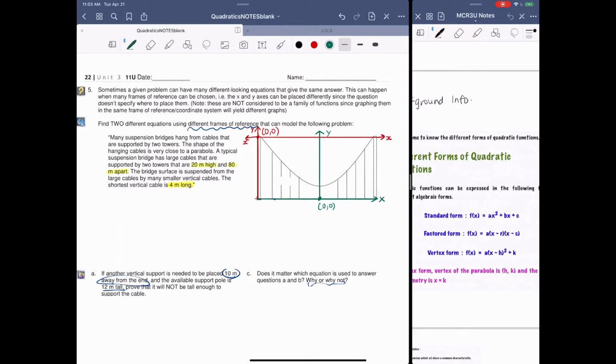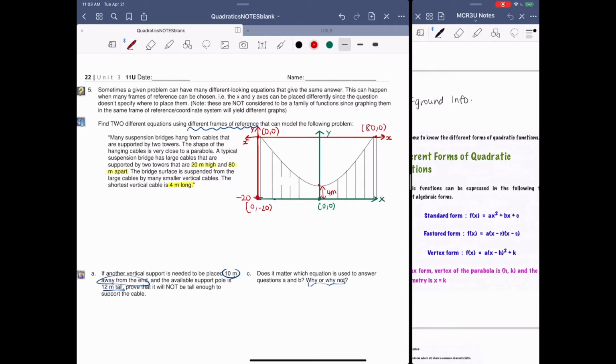So if I was to further expand on the red example, it helps to put the coordinates in. I'm noticing that the 2 towers are 80 meters apart. Well, if I moved over right by 80 meters, that's (80, 0). Meanwhile, if my 2 towers are 20 meters high and this is my (0, 0), that means this must be -20 because I've gone down 20 meters. Meanwhile, it says that the shortest vertical cable right here is 4 meters long.